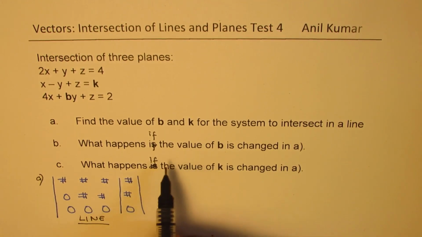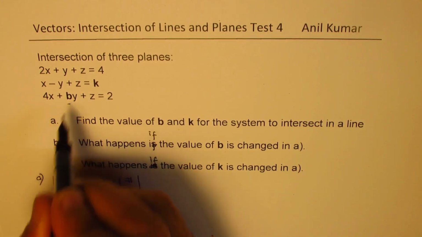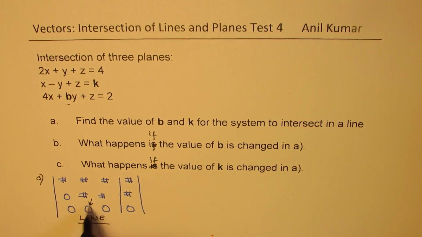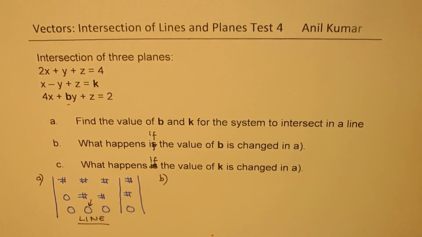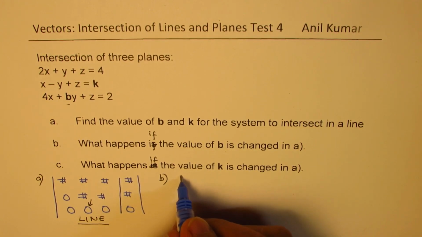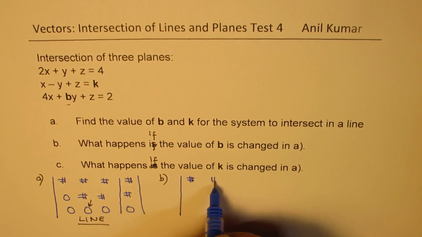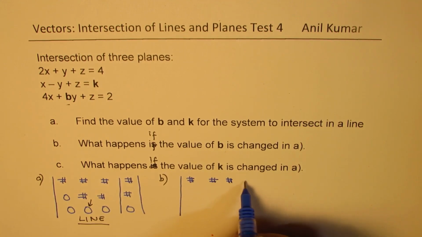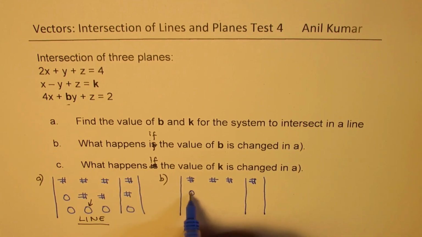Now if we change the value of b, which is right here, which affects this position, then what happens? So in part B, if we change the value of b, then the situation might become something like this. We'll just keep the rest.